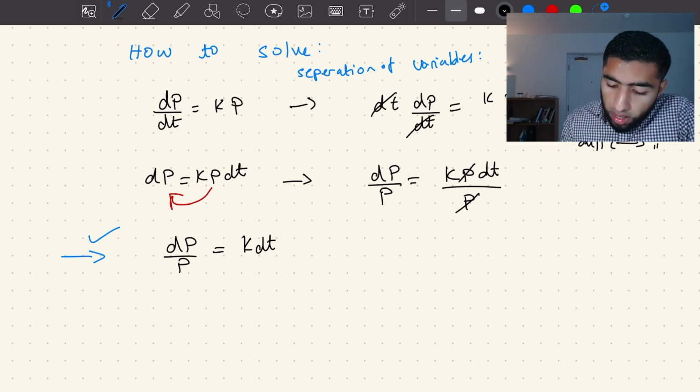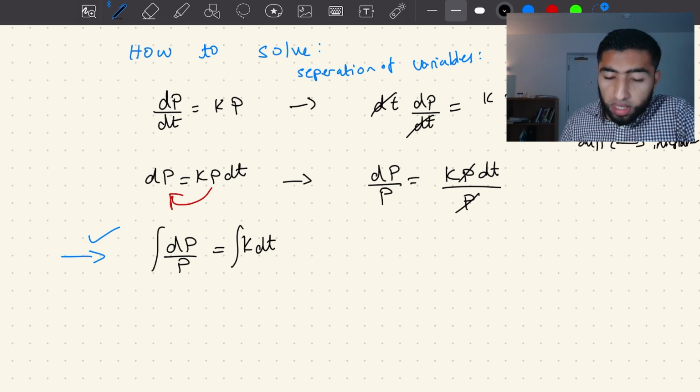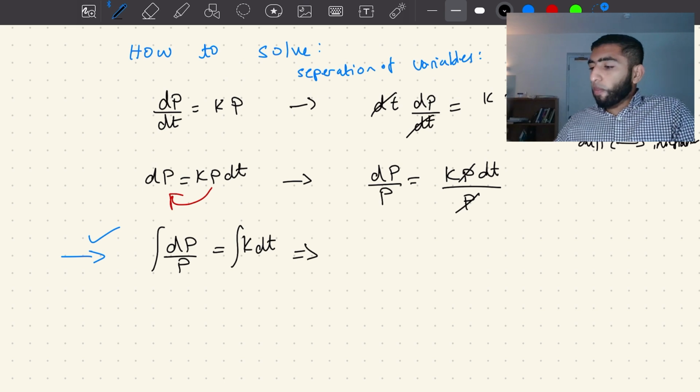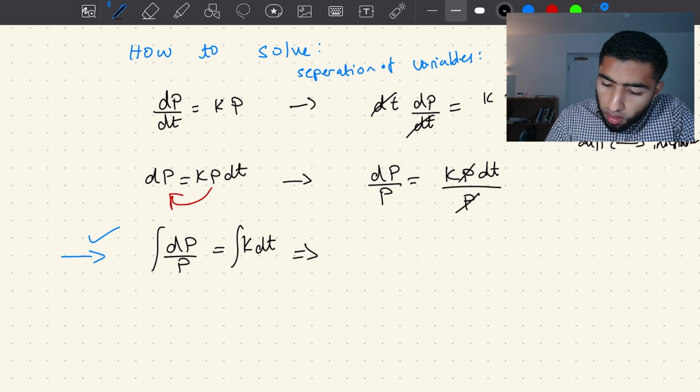Okay, so if I now take the integral on both sides, what would happen? So this would imply that dp over p, how can I take the integral of that, and how can I take the integral of k with respect to dt? So remember that dp over p can be written as 1 over p times dp.